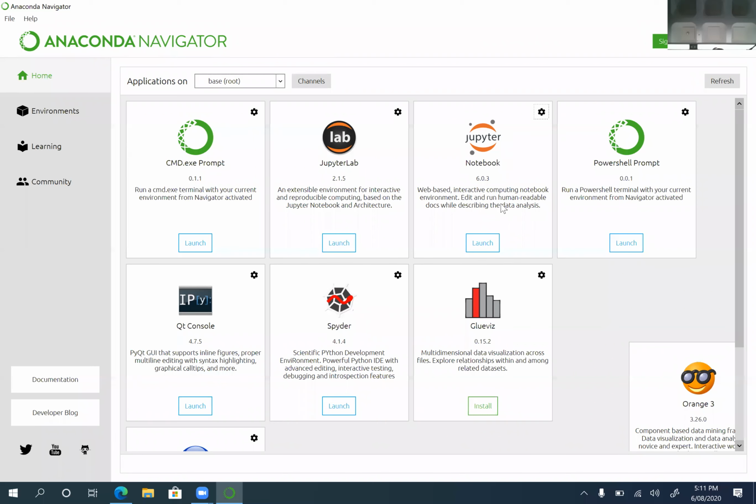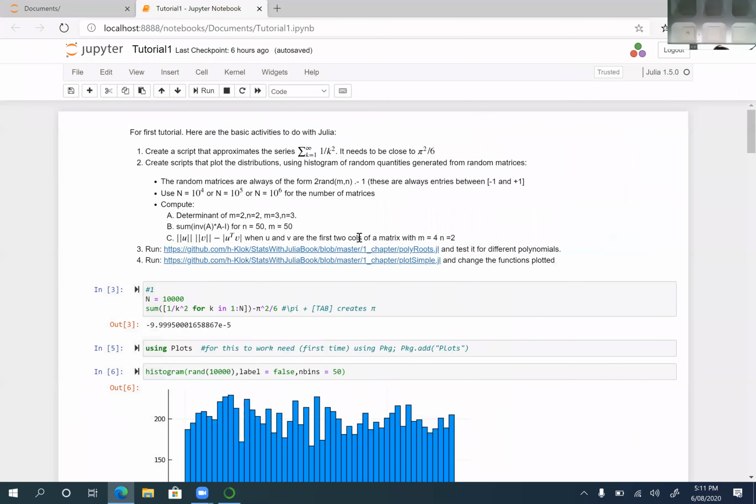So that's how to get that to work. Now when you're starting that out, you might want to try something really simple, like adding two numbers, 3 and 4, for example. And then when you want to do more sophisticated things, you have to go in and install one of the packages. Now in this notebook, we have some hints along the way about how to do that.